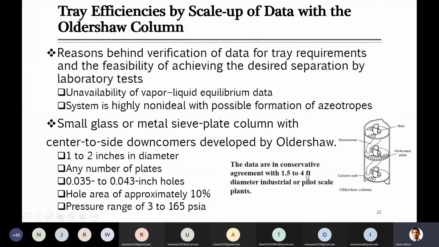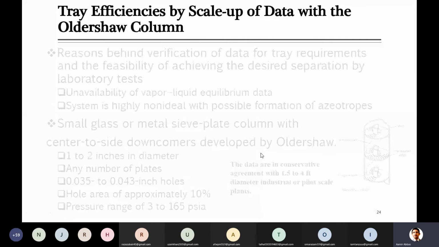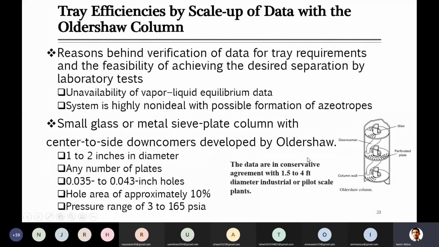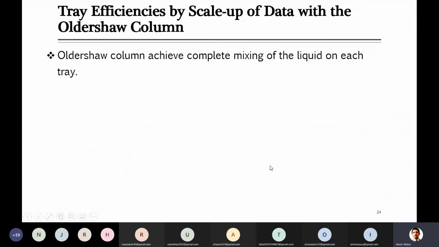For example, if you were achieving 90% absorption of some component in this small tower, you get the same efficiency when you apply it up to this range. But above this range, there are some deviations from the efficiency of these columns. Up to this range it works well, and the number of trays predicted by this for the required separation can be used for the industrial size column.